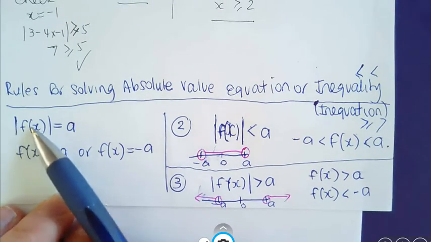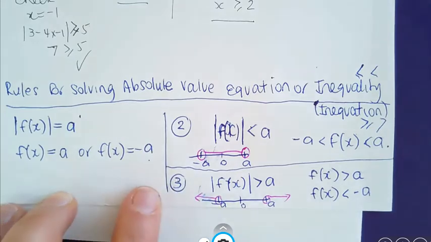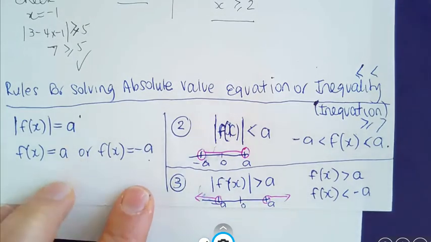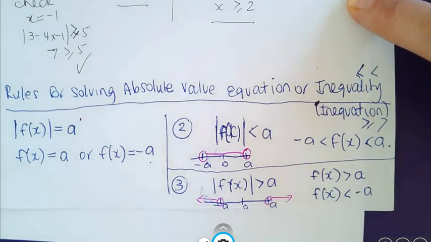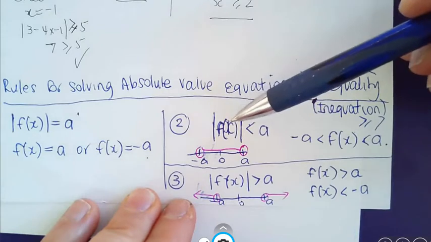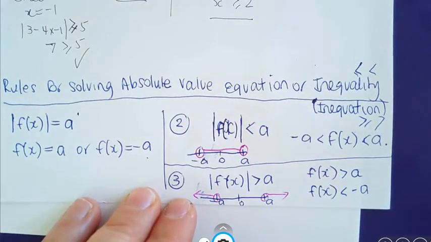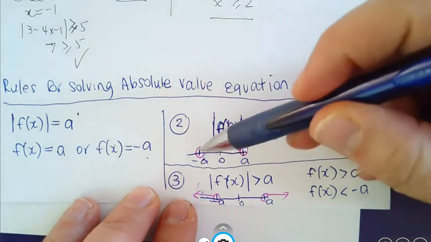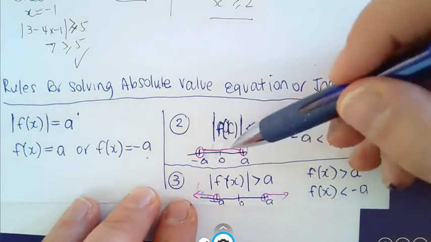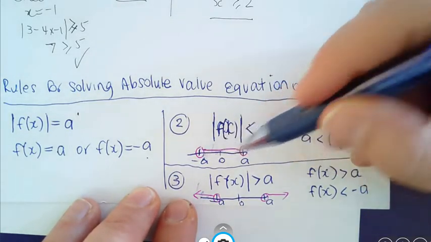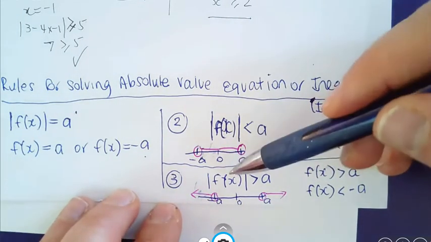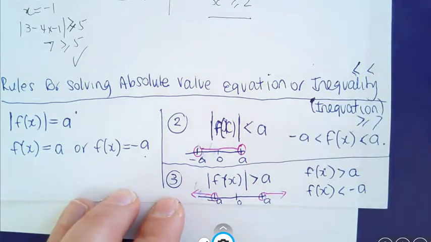If it's equal to A, you just do one positive, one negative. If the absolute value of your function is less than A, this is the distance of the function from the origin is less than A units, you recognize it as a number line, and that your function lies here between -A and A. And if the absolute value of your function is greater than A, it's more than A units from the origin.